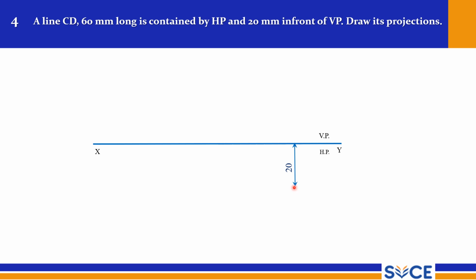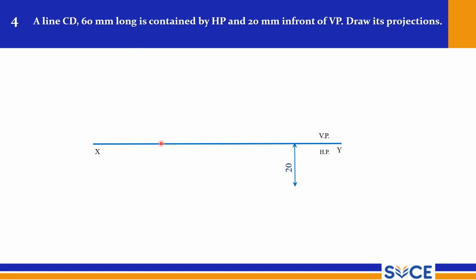Since the line is contained by HP, in the top view you can see the in front of VP distance, and on the XY reference line you can see the front view. That is the speciality of this problem, because the line is contained by HP.